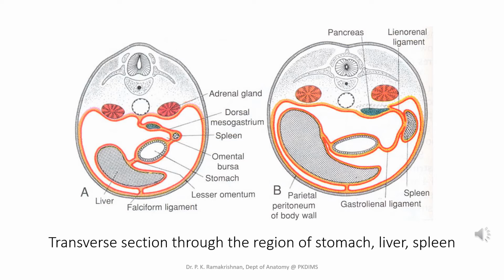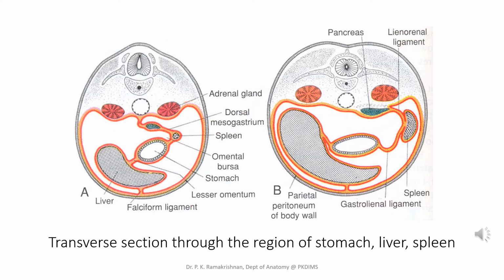As you can see here, the two derivatives of the ventral mesogastrium are the lesser omentum and the falciform ligament, whereas the derivatives of the dorsal mesogastrium are the two ligaments, the lieno-renal ligament and the gastrosplenic ligament. Here it is mentioned as a gastrolienal ligament, but it is better termed the gastrosplenic ligament.